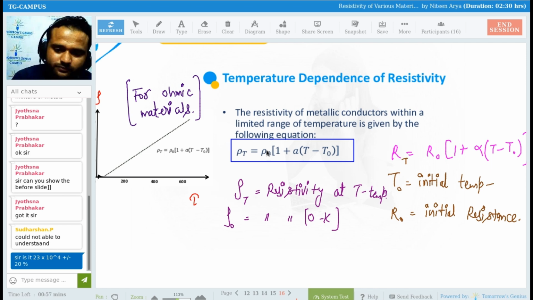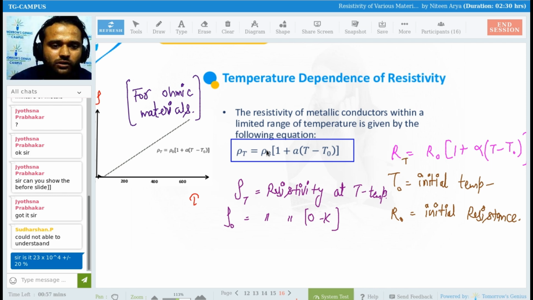Where does it come from? In the previous lecture, I told you the resistivity of a material is inversely proportional to the relaxation time, where relaxation time is nothing but lambda by Vrms, where lambda is the mean free path and Vrms is the root mean square velocity of the moving electron or charged particle.